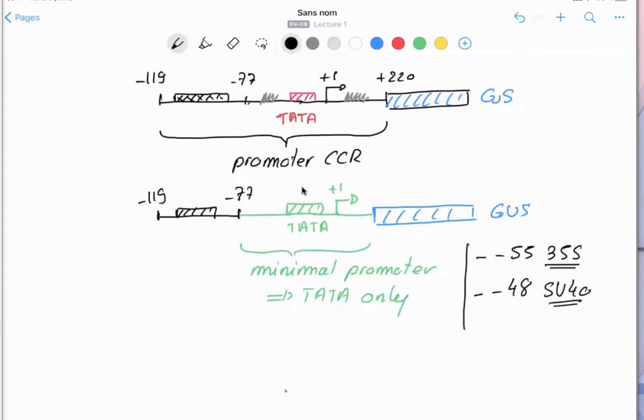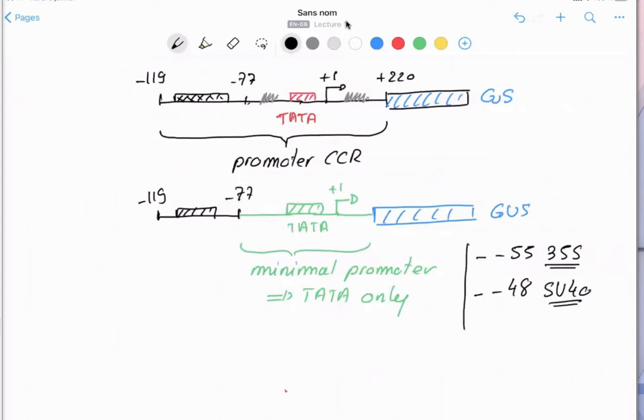SV40 is a virus, it's a simian virus 40 gene. So it's also a promoter coming from a virus. So anyway, whatever the model is, I mean, plant, animal, yeast, or fish or insect, we have constitutive promoter and minimal promoter. So do you understand this strategy to prove that the sequence, on top of being necessary, can be sufficient? It's very important to understand that. It's okay?